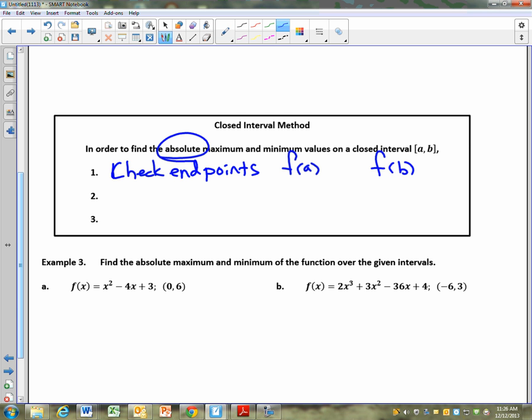When we check those endpoints, that will tell us how high or how low they really are. Second, we should find critical points by taking the derivative and setting it equal to 0.